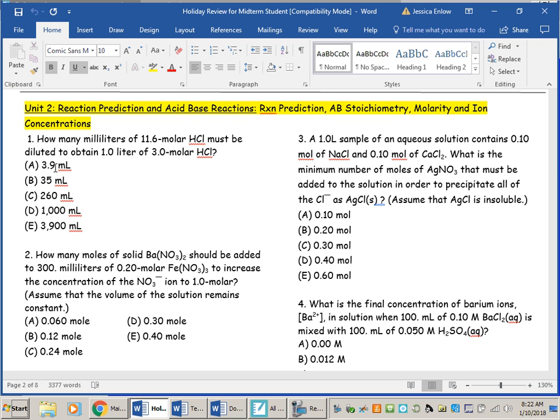Okay, unit 2. Unit 2, multiple choice. Lots of words.